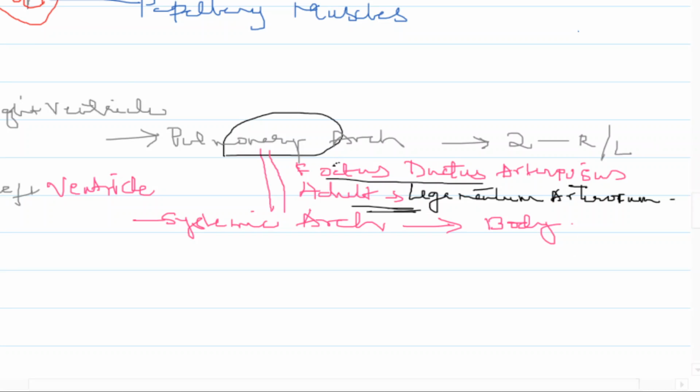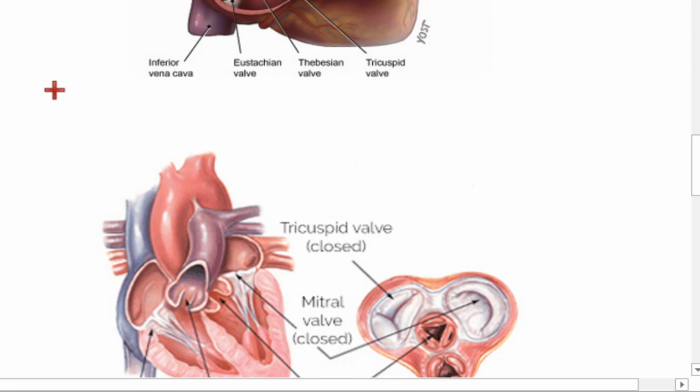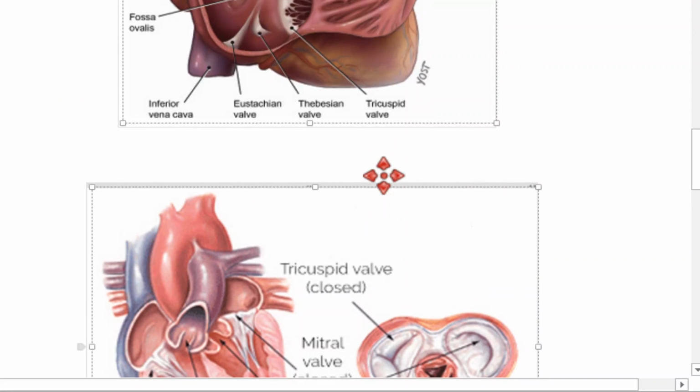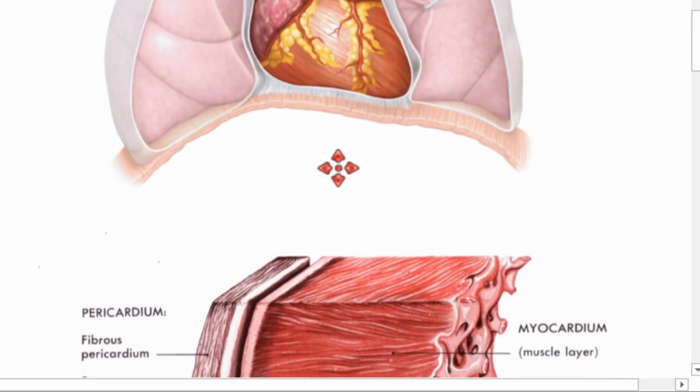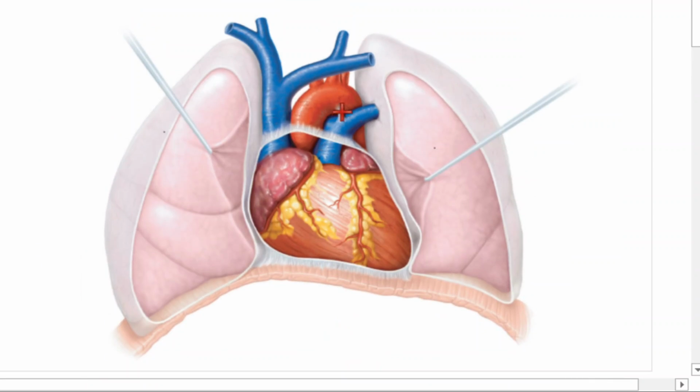Okay, so let's see if we have a picture of that as well. See this? This is the ligamentum arteriosum. This red and blue, this is the deoxygenated, this is oxygenated, so that you can understand it better. This is coming out of your left ventricle here, and this is coming out of your right ventricle here.